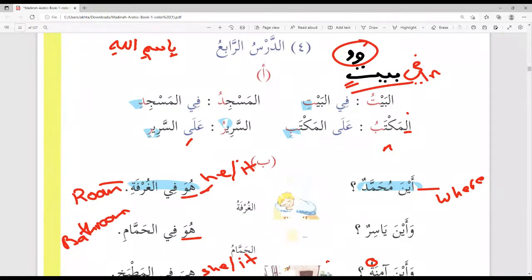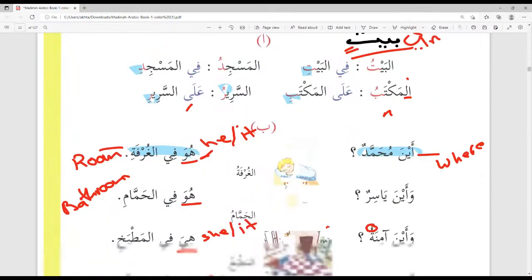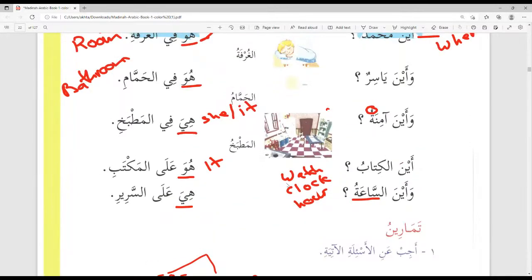So we scroll down. Here, as the sister's asking, al-kitabu. Why did we use huwa for al-kitabu and hiya for as-sa'a? Because we mentioned al-kitabu is masculine and as-sa'atu is feminine.